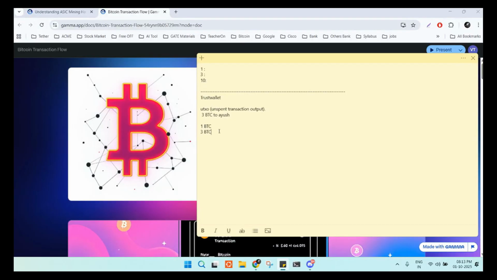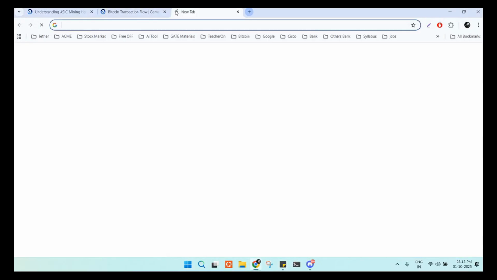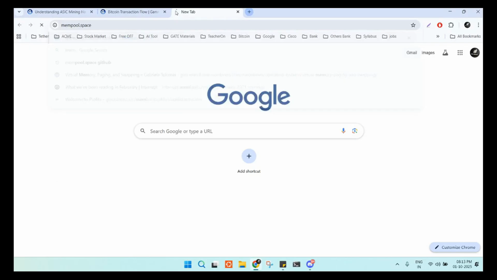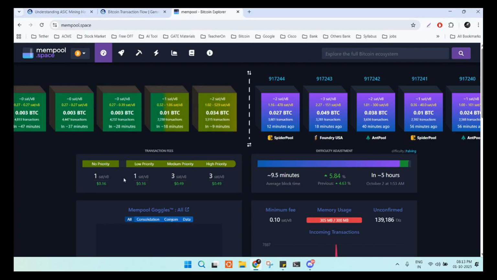Fees will be calculated based on the virtual bytes, as we can see in mempool.space. Currently the low priority transaction fee is 1 sat per virtual byte, and if we want to send it at a higher priority, I have to pay 3 sat per virtual byte.